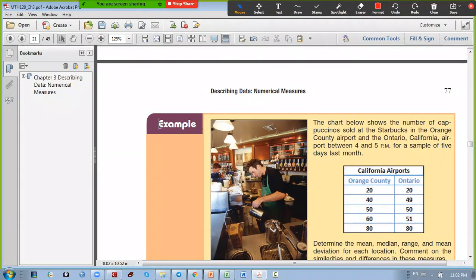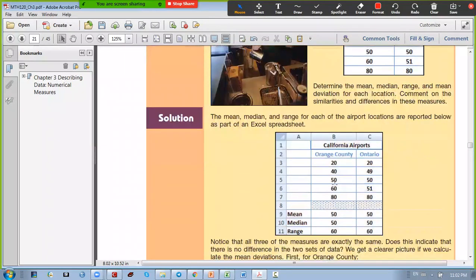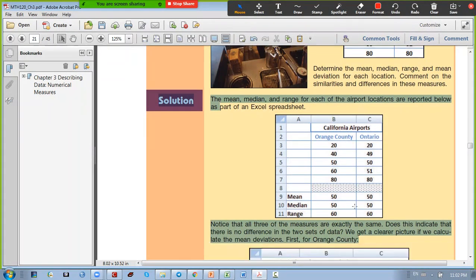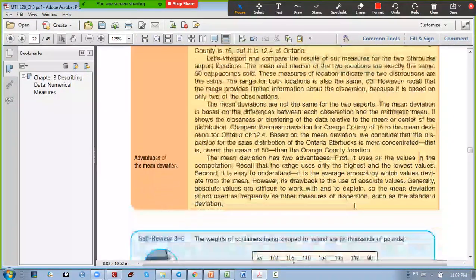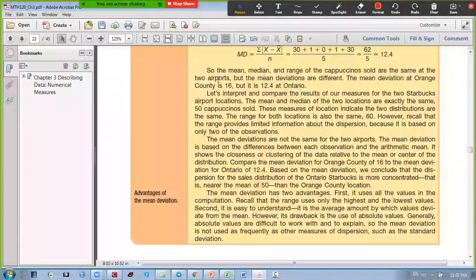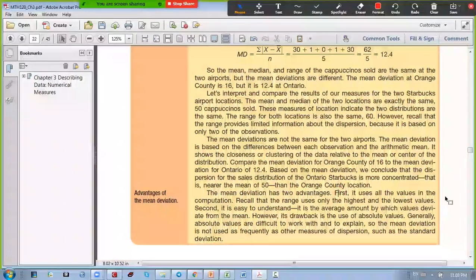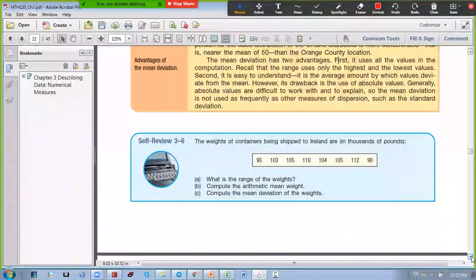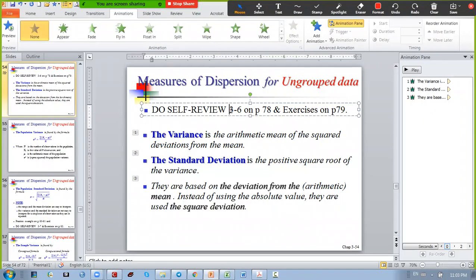Based on the textbook, you can see a study example on page 77. They have a question and they have the solution for you. Down here they have some explanation. Maybe I'm not reading this one for you. You need to read it on your own. This is Self Review 3.6.